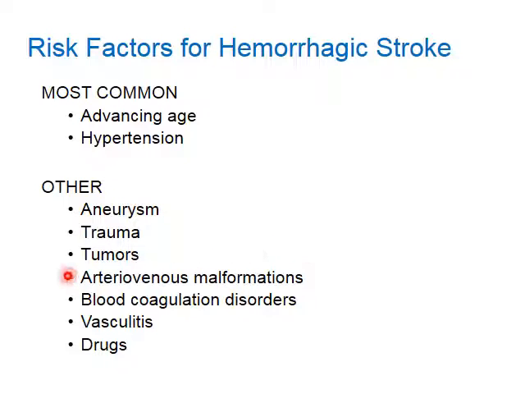It's like a birth defect. You're usually born with AVMs, or arteriovenous malformations. And blood coagulation disorders can cause this, as well as vasculitis, basically anything that is going to irritate a blood vessel to the point of it bursting. Okay, drugs will cause that as well.